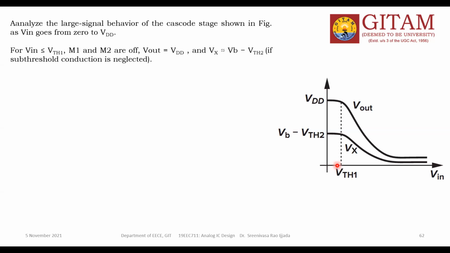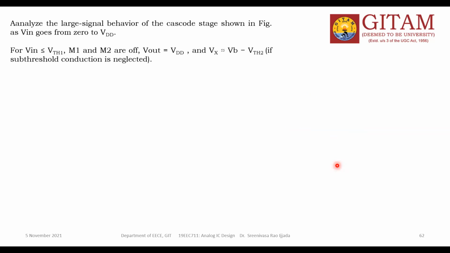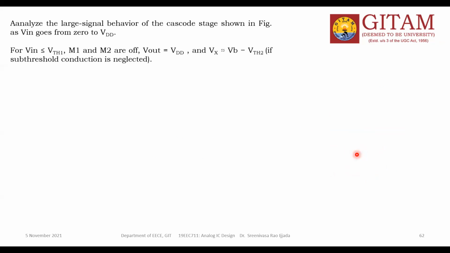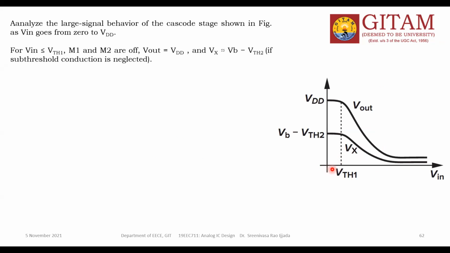Input voltage less than VTH means, going back to the circuit, the input is applied to this device, so this device will be in the off condition. Still your output is at VDD only, because there is no current. Because the two devices are connected in series, if one device is off, no current will flow, so your output is still VDD.